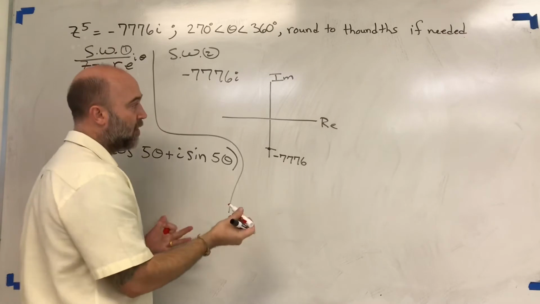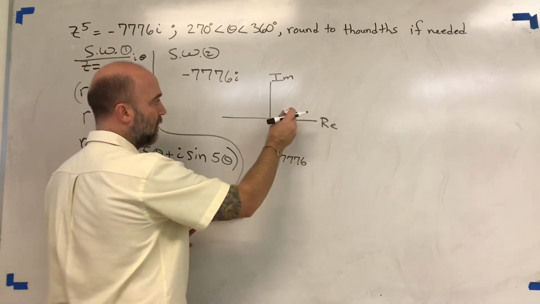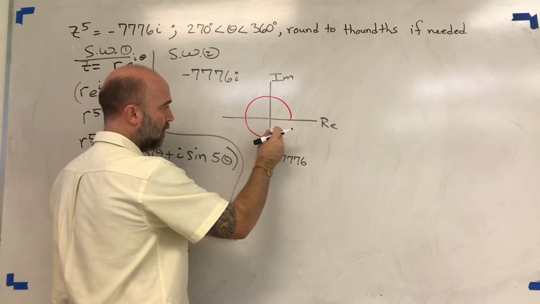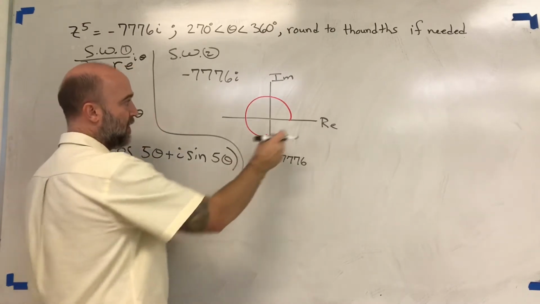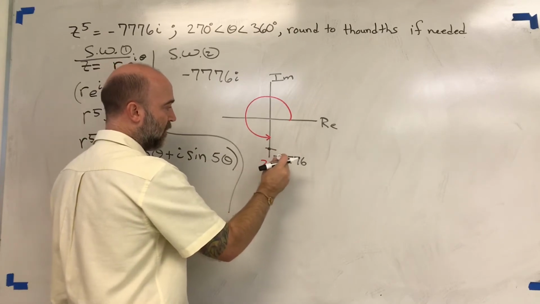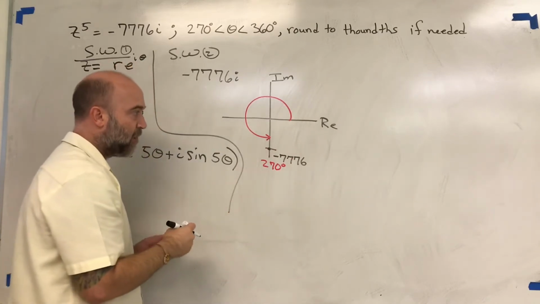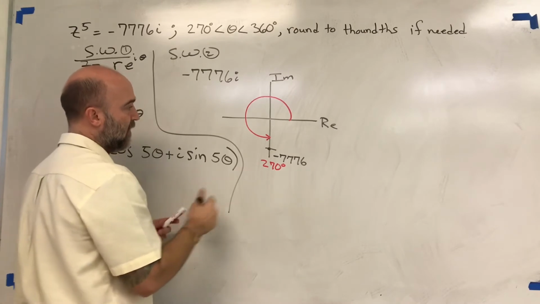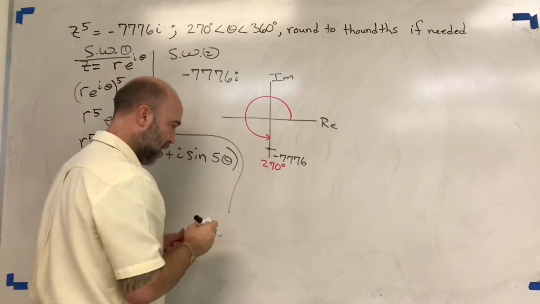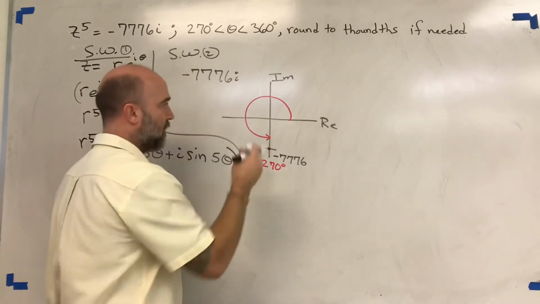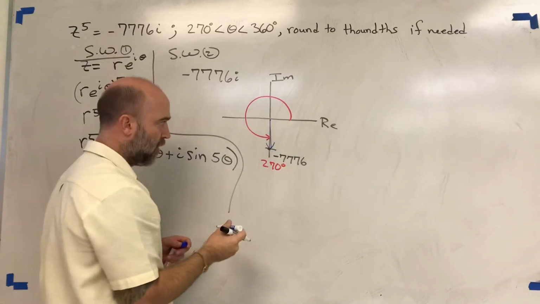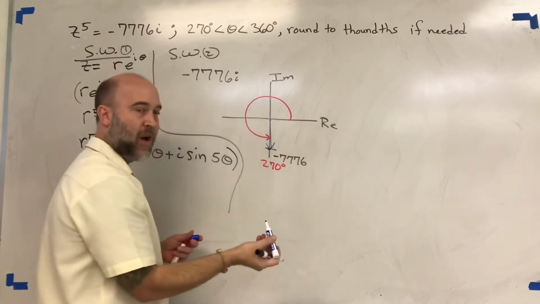So if I want to know what that argument is, going all the way around, it hits this axis, that's 270 degrees as its argument. And this distance right here, I'll use a different color, is its magnitude, and that distance is always positive.